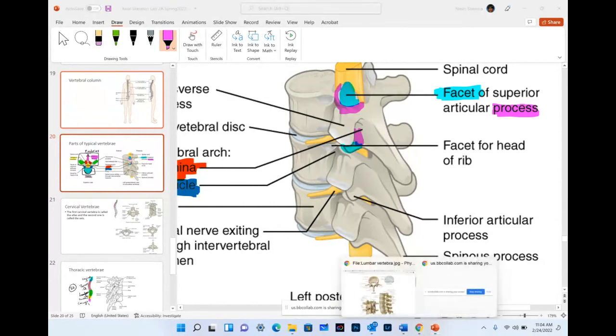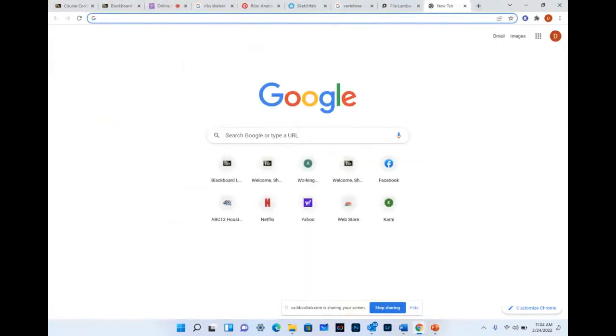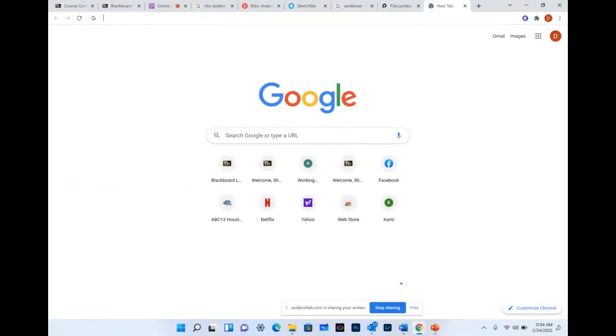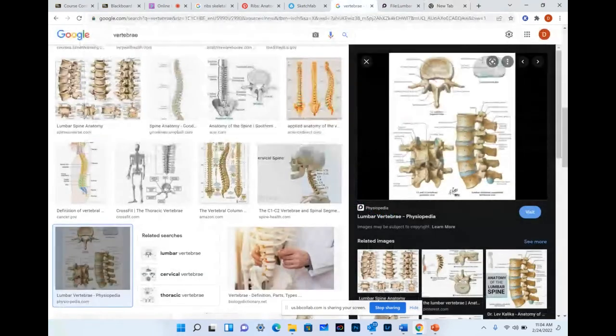Now, we can look at it on our little Google as well. And we are going to type in there. Oh, vertebrae is already here.